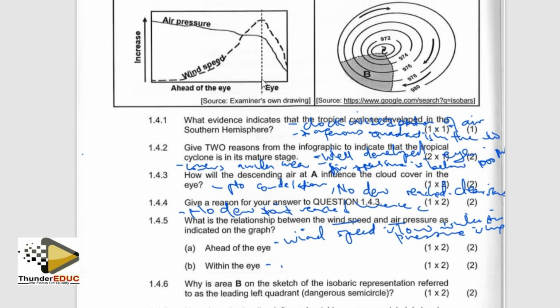Then the wind speed declines. In the eye, the wind speed is low, but also the air pressure is low. So wind speed is dropping as the air pressure is dropping.